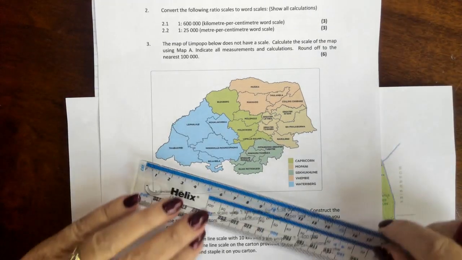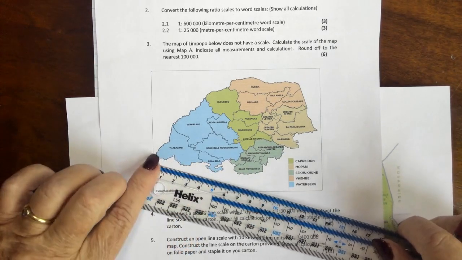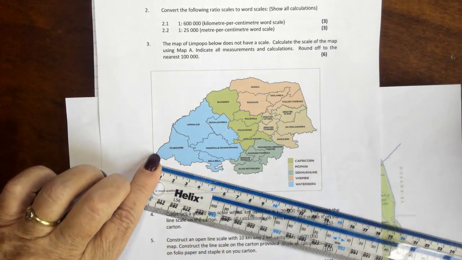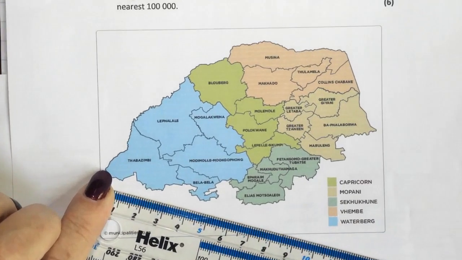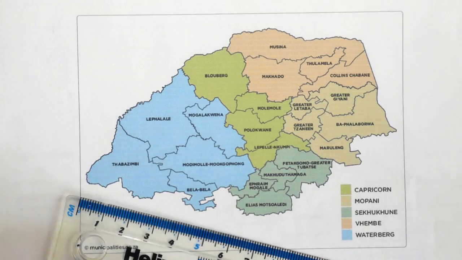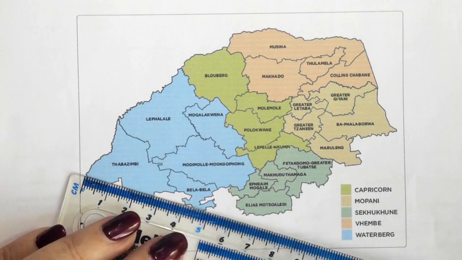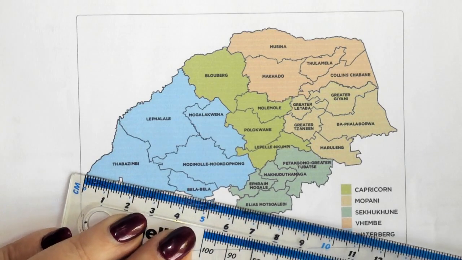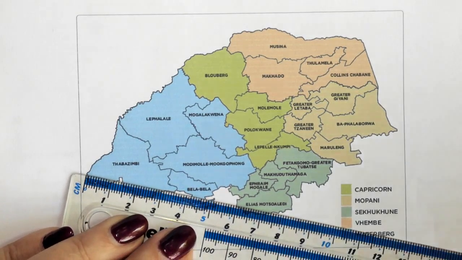So I'm going to measure the distance from that point to that point. To make it a bit more clear, I'm going to zoom in because it's really important that you work very accurately.